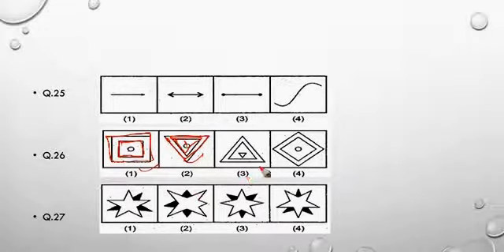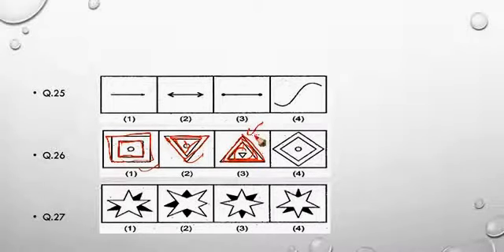Let's see whether the third figure also is similar. In the third option, at the outermost there is one rectangle, and inside of which there is another rectangle, and at the center there should be a circle, but here, in contrast, rather than a circle, they have given a triangle. So this looks like the odd man out.